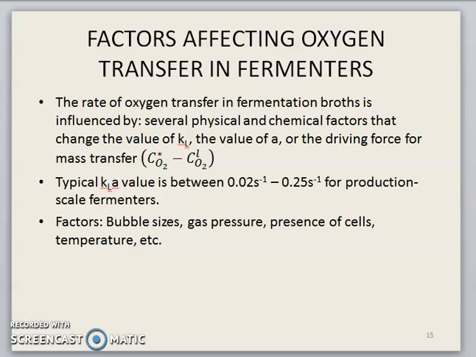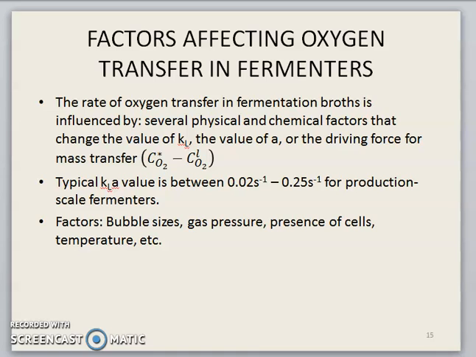C_O2L is the current, or recorded, dissolved oxygen at that time. The typical K_La value will be between 0.02 per second and 0.25 per second for production scale fermenters.